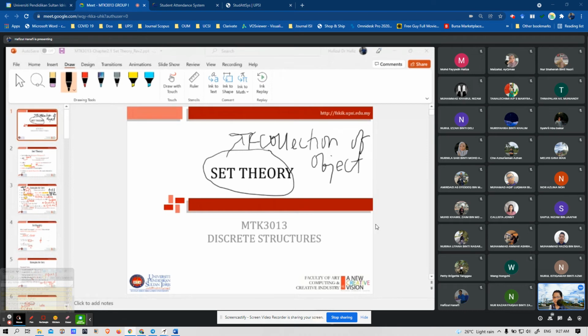Set theory as a branch of mathematics is mostly concerned with those sets relevant to mathematics as a whole.